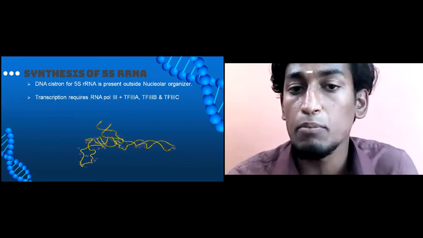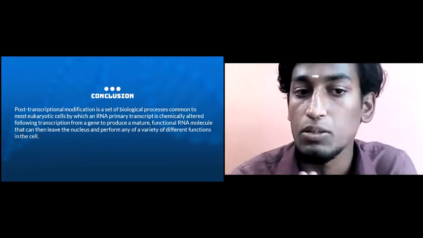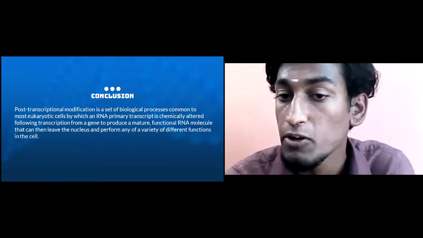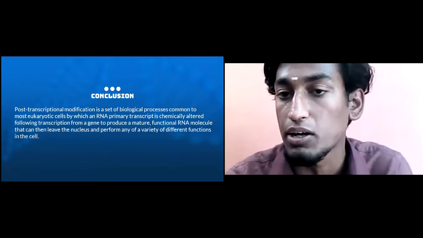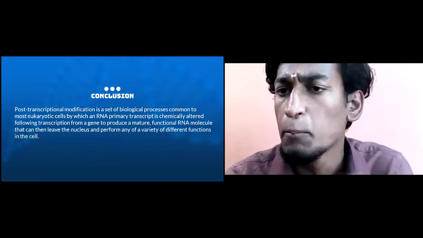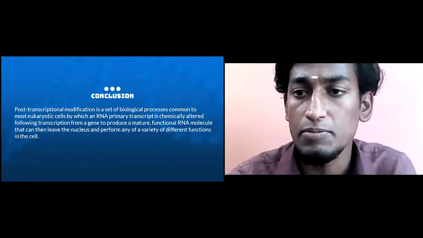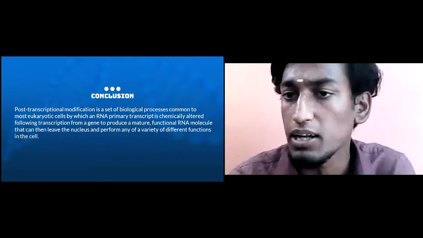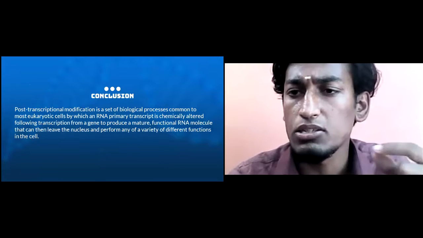And let me move on to the conclusion of my topic, post-transcriptional modification, which is a set of biological processes common to most eukaryotic cells. A prokaryotic cell does not require post-transcriptional modification, because transcription and translation are a coupled process, and it is not a complex process.